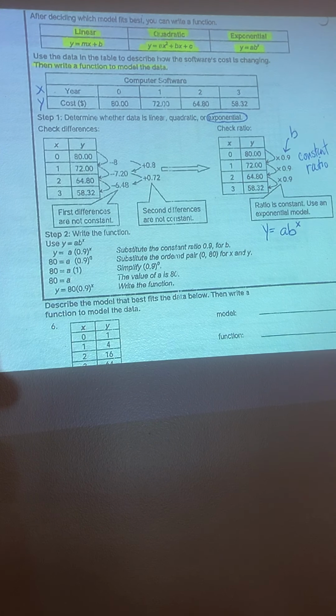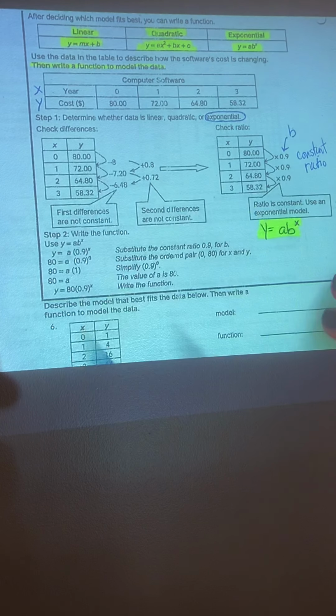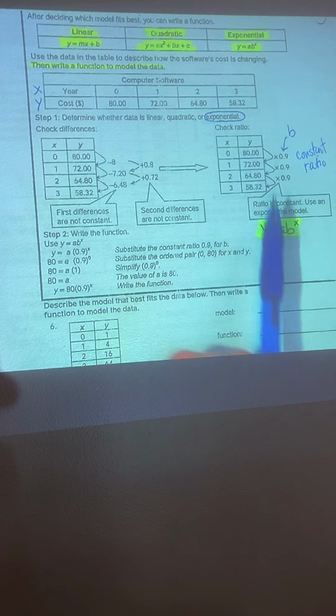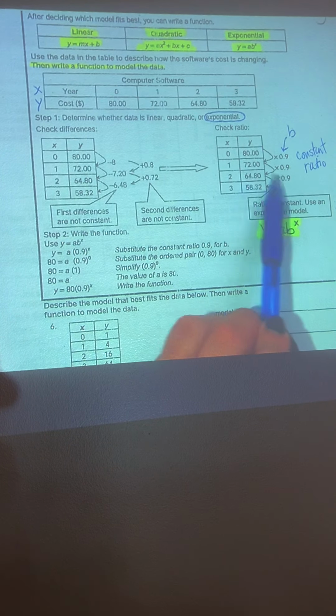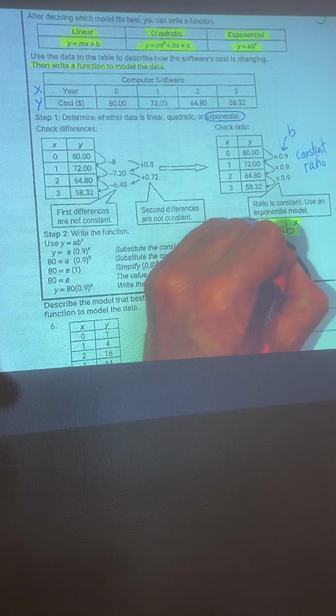So here's your formula, Y equals AB to the X. I determined from this table that it's exponential, because I did 72 over 80, 64.8 over 72, 58.32 over 64.80, and got 0.9. So that's my constant ratio. I'm going to plug in 0.9 for B.